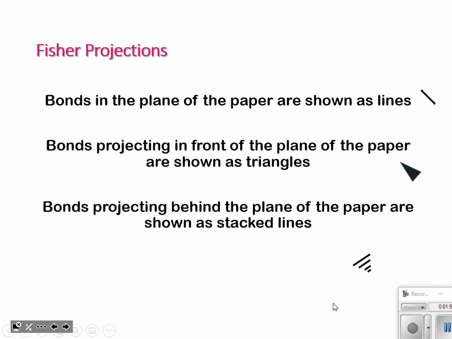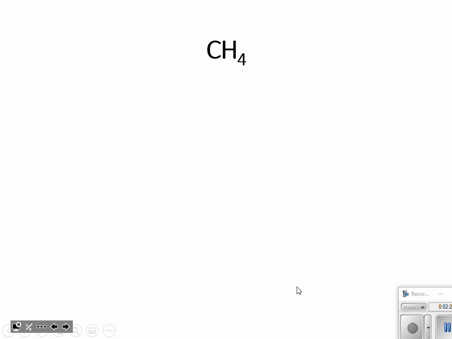So these dashes are on the plane of the paper. These are projecting forward from the paper. These are projected back from the paper. So those are the three ways that we are going to represent bonds, and you're going to see we're also going to represent unshared pairs with those.